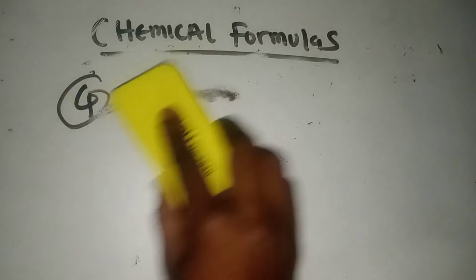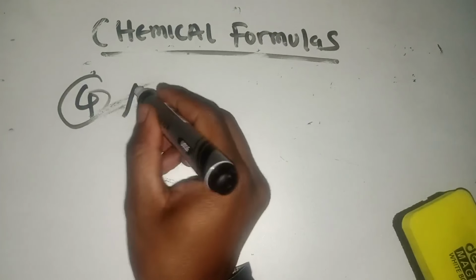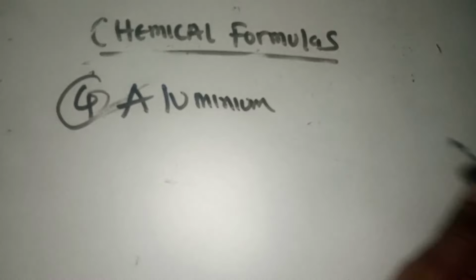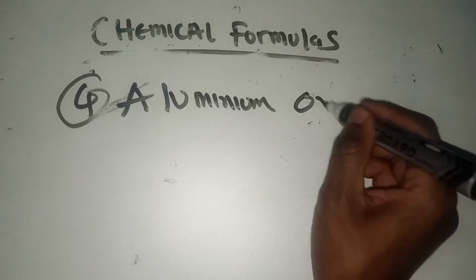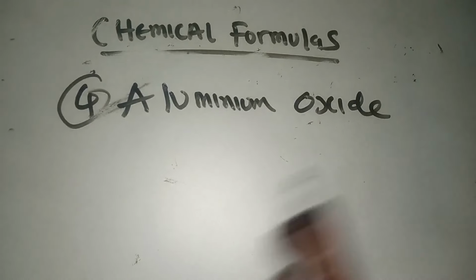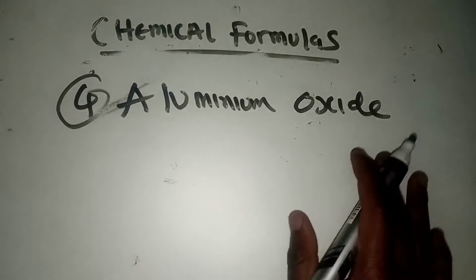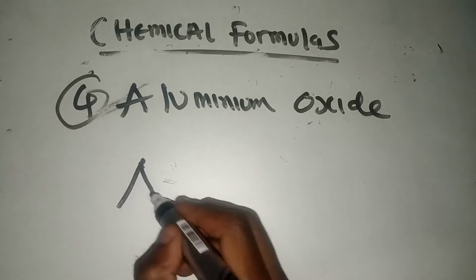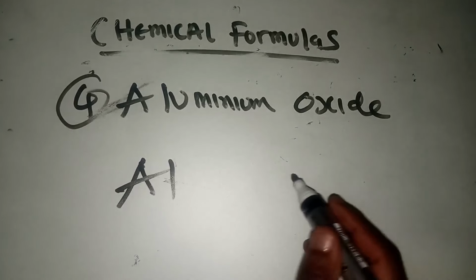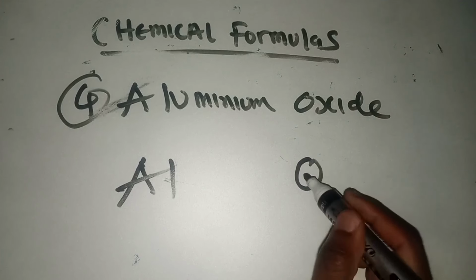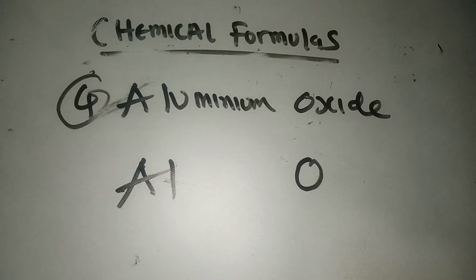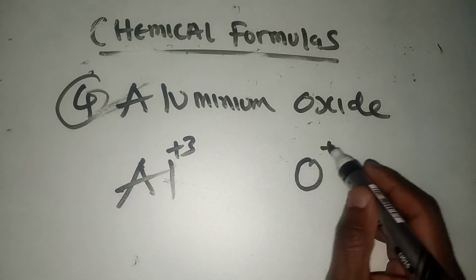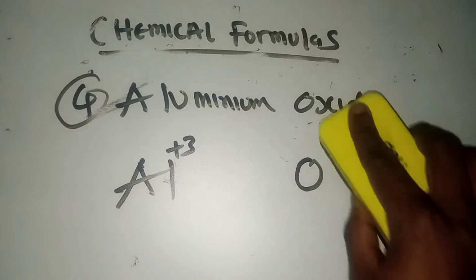Aluminium oxide. This one involves oxygen. Aluminium, this is the symbol, Al. Aluminium is found in group 3, so it possesses a positive 3. Oxygen is negative 2, as usual.